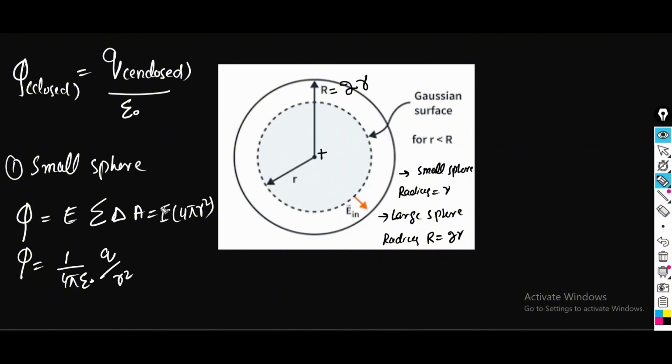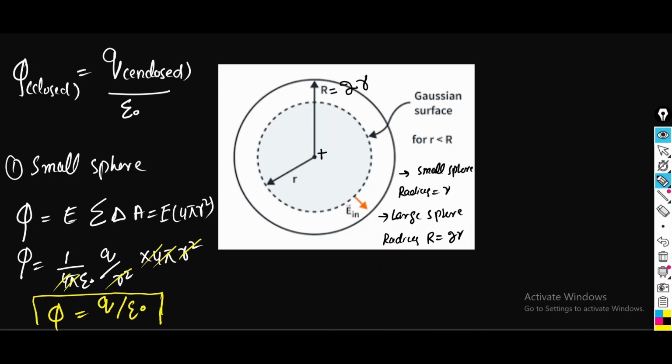This is multiplied by 4 pi r square. So here we cancel this r square with this r square, pi with pi, and 4 with 4, and the result becomes phi is equal to q divided by epsilon naught. This is the first case.